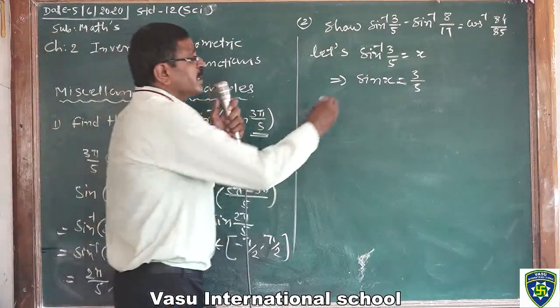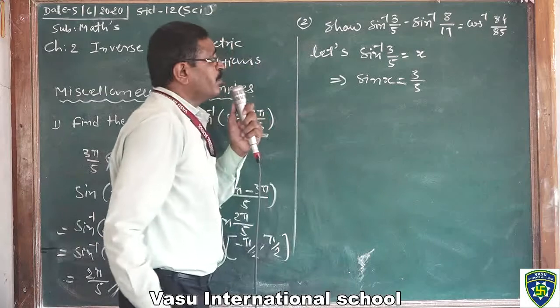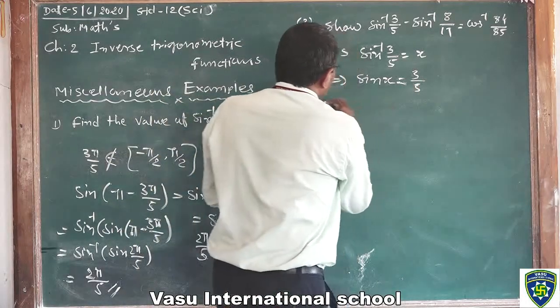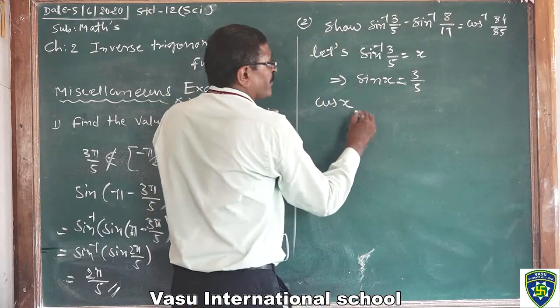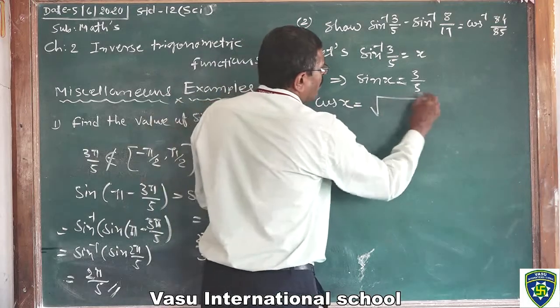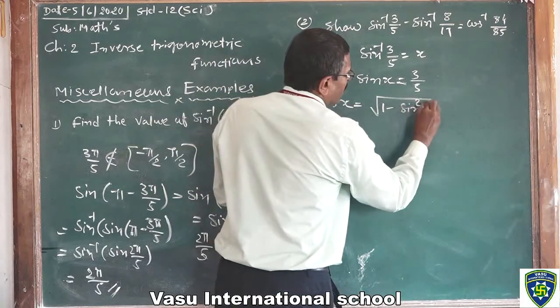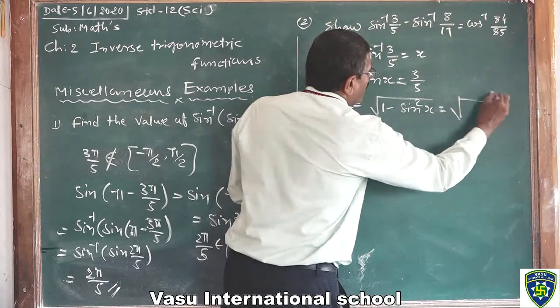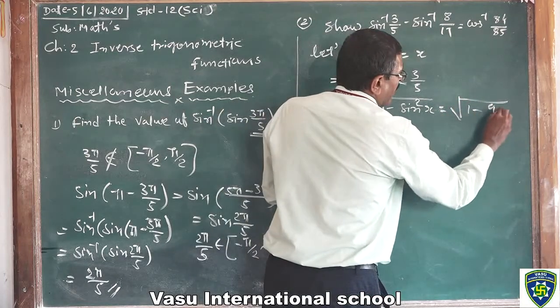We have the sine function's value 3 by 5. Then we get cos x is equal to square root of 1 minus sine square x, which is square root of 1 minus 9 by 25.